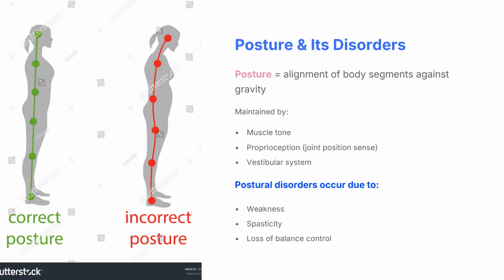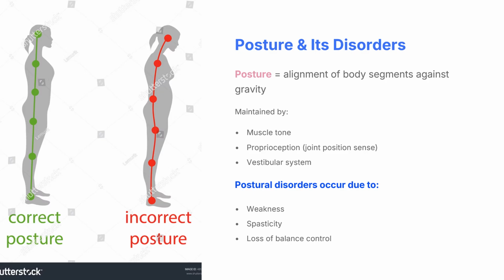So keep in mind that posture is a platform for movement, and if a correct posture is there, it is easier for the functions and there will be fewer complications. So whenever a therapist engages in emphasizing posture, they should keep these things in mind.